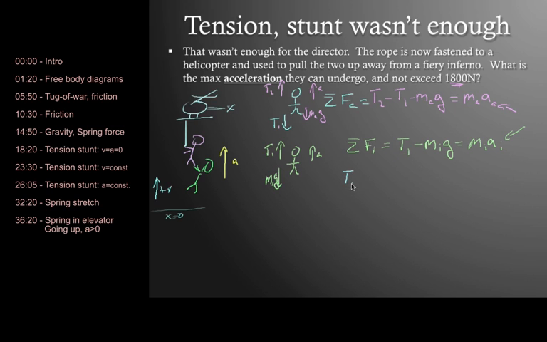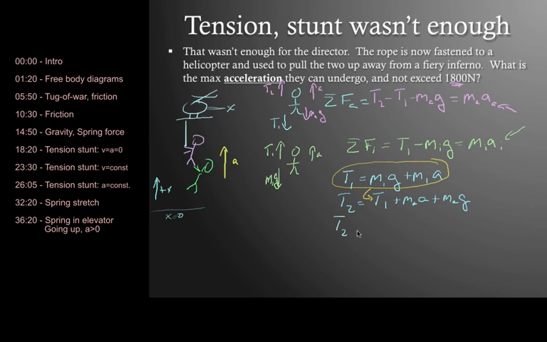So the informant has T1 is going to be equal to MIG plus MIA. All right. And then up here I have T2 is equal to T1 plus MAA plus MAG. So I can substitute this into here.